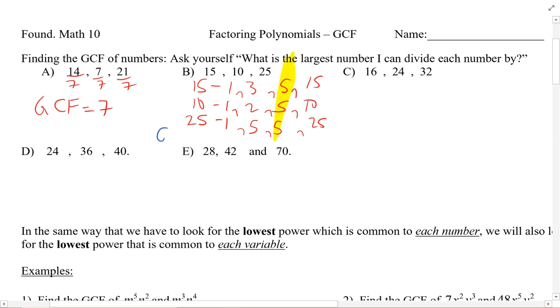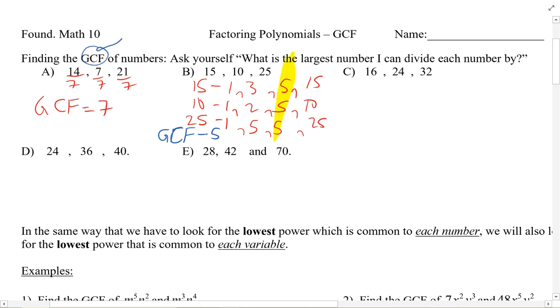So if you're stuck on the GCF, you can work on it by figuring out all the factors of a number and then comparing them. That way you can find your GCF, the largest common factor.